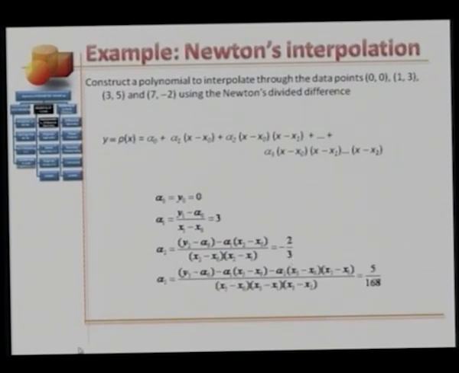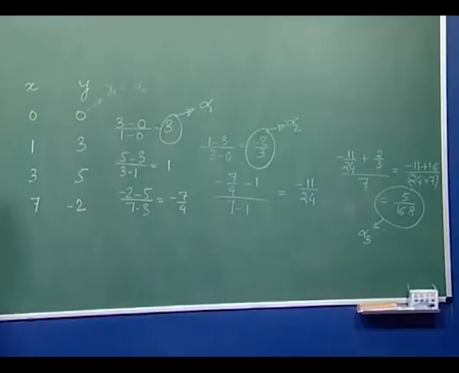And alpha 3, you can work out the algebra: y3 minus alpha 0 minus alpha 1 times x3 minus x0 minus alpha 2 times x3 minus x0 times x3 minus x1 over x3 minus x0 times x3 minus x1 times x3 minus x2, which is 5 over 168. We have seen these values before.